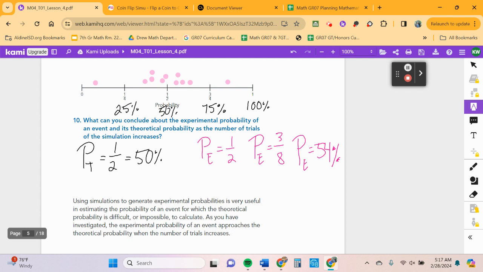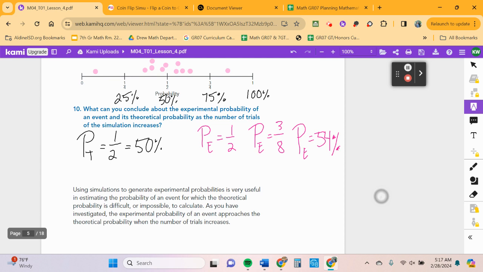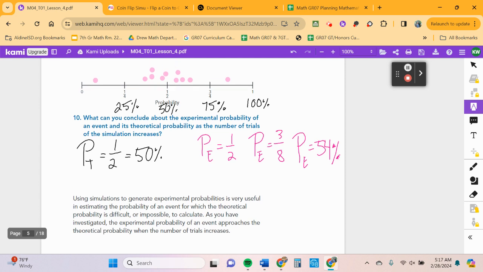Now, I really wish I could hear all of your answers, all of your awesome conclusions. However, I am but in a computer screen. So let's go ahead and sum up this activity by reading what's below. It says, using simulations to generate experimental probability is very useful in estimating the probability of an event for which the theoretical probability is difficult or impossible to calculate.